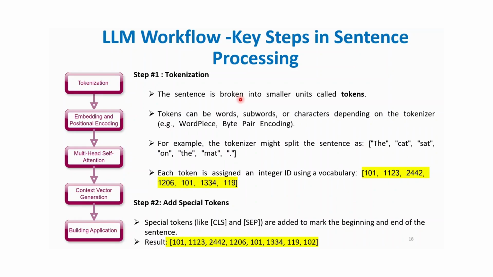During the training phase, they would have broken each and every sentence given to them into tokens. A token you can think of like, when a sentence like "the cat sat on the mat" is given, "the" is a token, "cat" is a token, "sat" is a token, and the full stop is also a token.